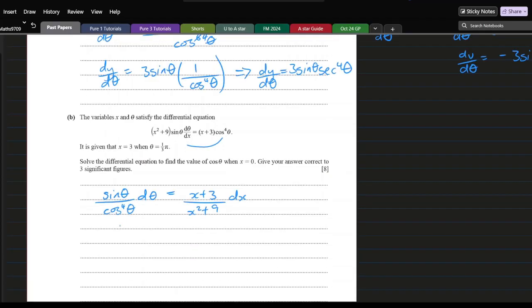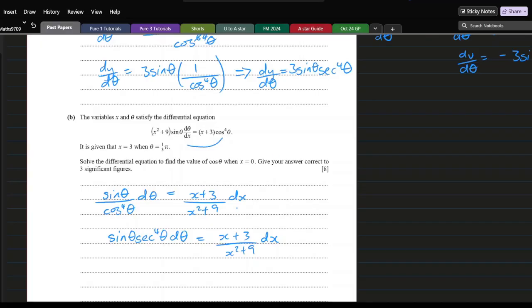So we know that we can write the left hand side as sine theta sec to the 4 theta d theta, and this is equal to x plus 3 over x squared plus 9 with respect to x.